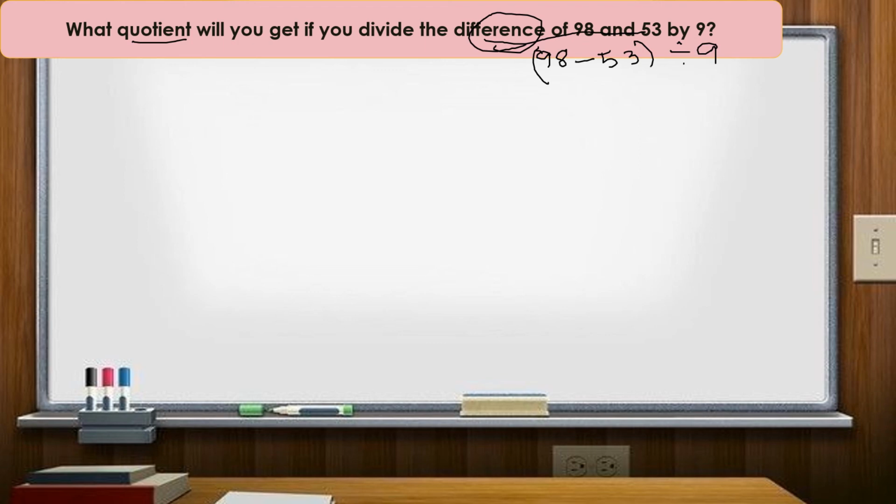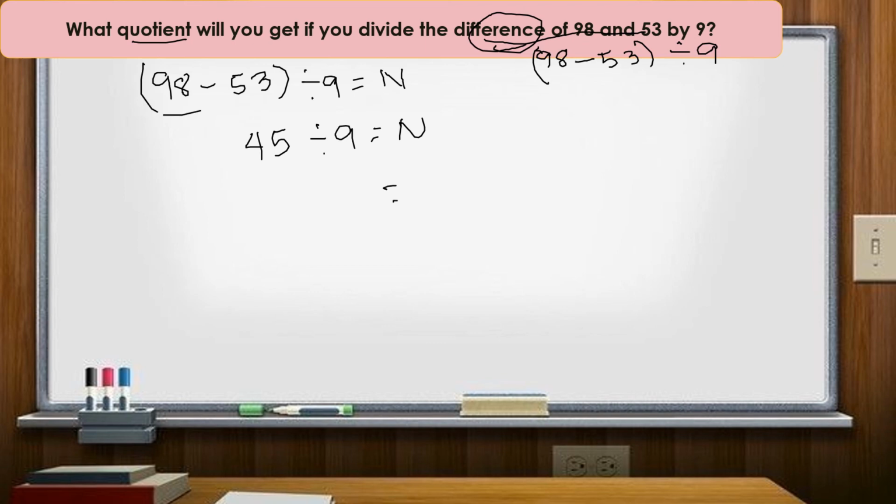How do we solve that? 98 minus 53 divided by 9 equals n. So, n equals 98 minus 53, that is 45. And then divided by 9. So 45 divided by 9 equals 5.